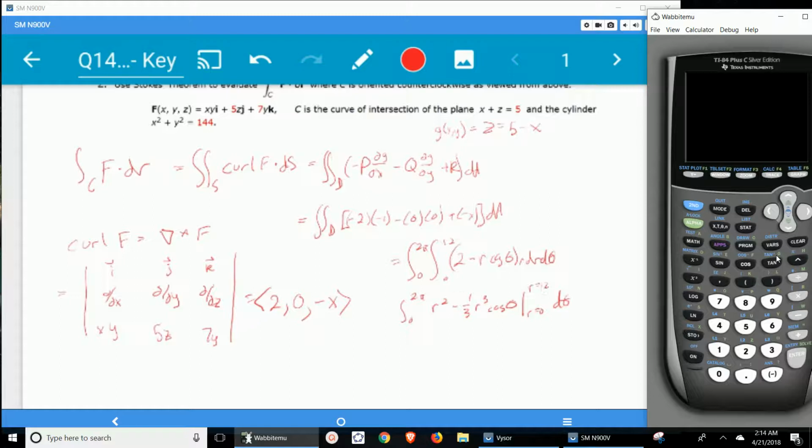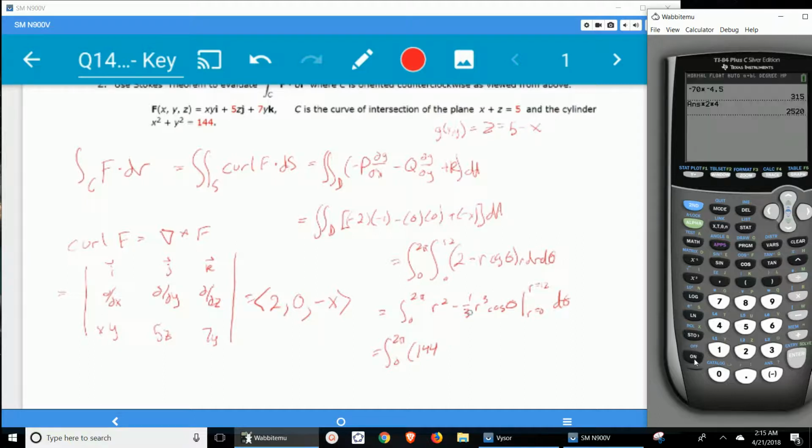So putting 12 in there is 144. Putting 12 in here, what's 12 times 12 times 12 divided by 3? So it's minus 576 cosine theta, because the 0 didn't do anything.